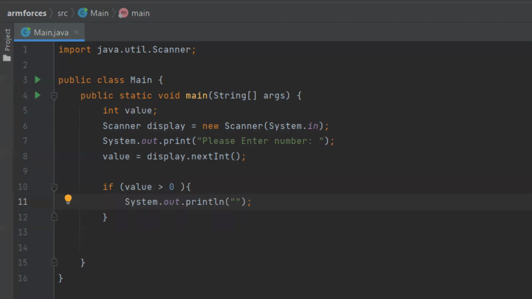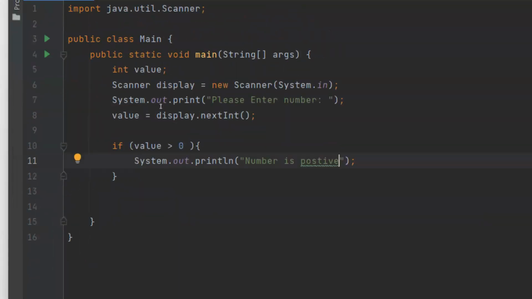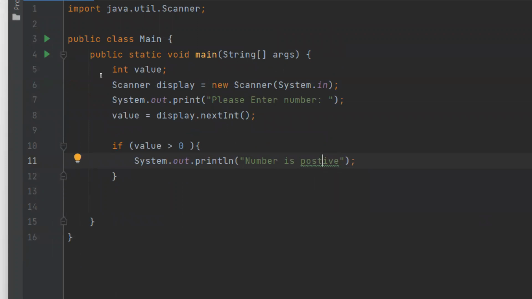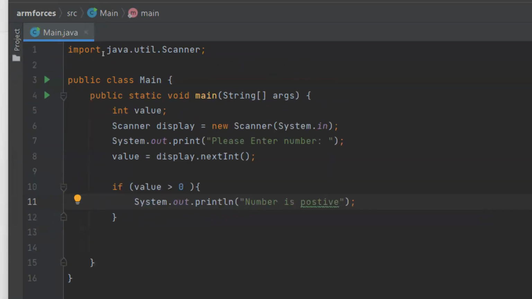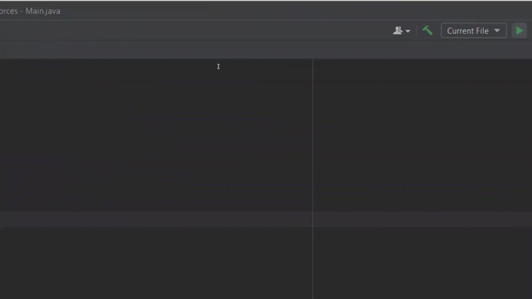That the number is what? Positive. Now, this piece of code here will run and give me the results I'm looking for.